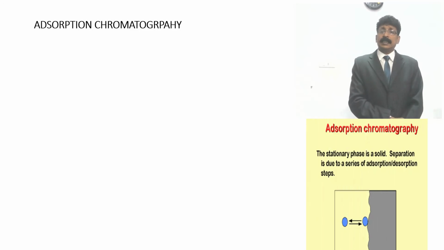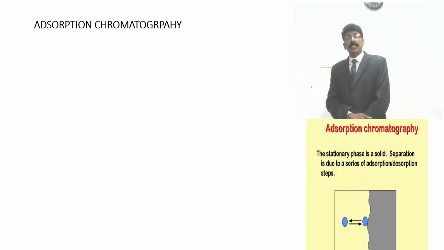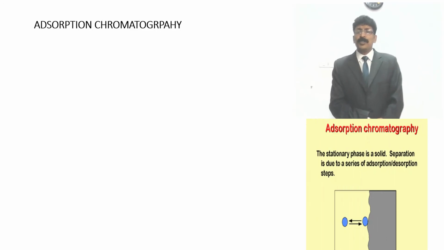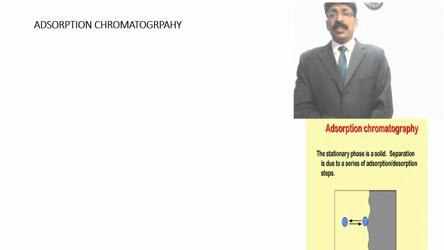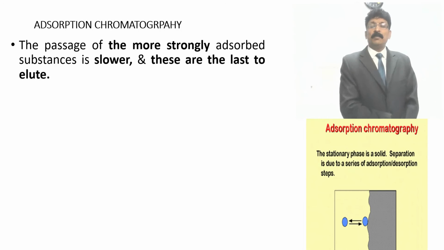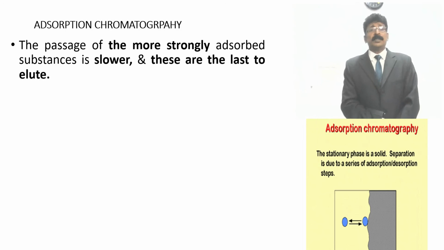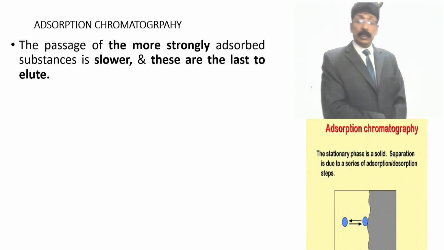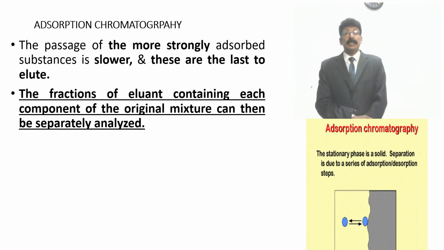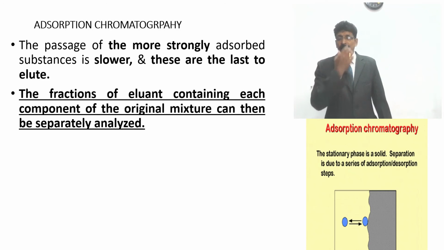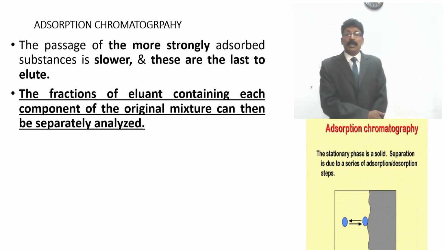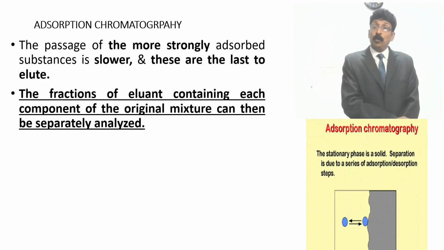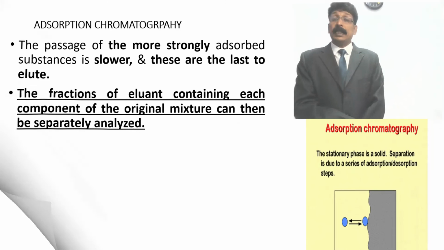Again, the stationary phase is a solid, and the separation is due to a series of adsorption steps. The more strongly adsorbed substances will move slower and will be eluted last. The fractions of eluent, that means the solvent coming out containing each component of the original mixture, can then be separated and analyzed.